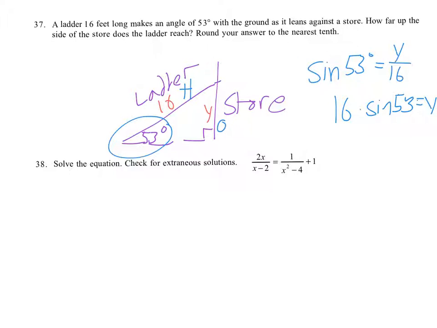And actually, you're welcome to leave your answer like this and get full credit for it. If you'd like to go a little bit further, you could do 16 times sine of 53, and I get 12.77 feet. This is supposed to be to the nearest tenth, so that would be 12.8 feet.